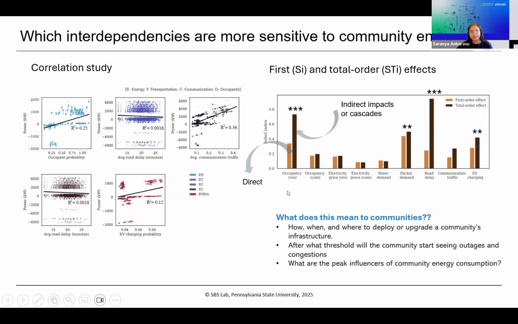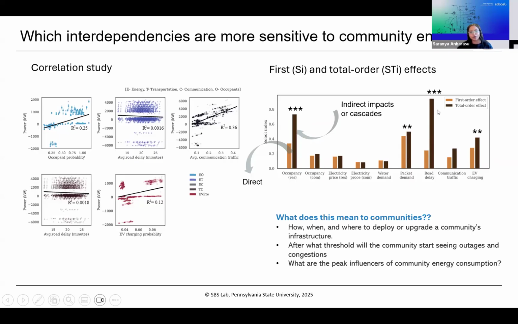Here we were seeing that the occupancy had larger direct impacts, and the packet data also had a direct impact. But there were two interesting ones: indirect effects were dominated by the occupancies we were considering in the models, and the road delays were also responsible for influencing all other parameters.